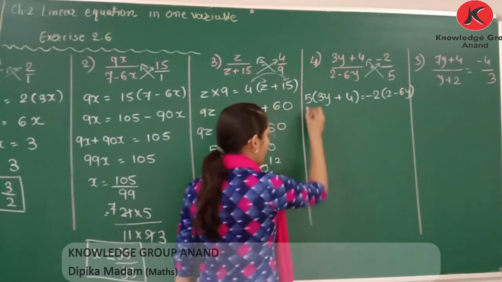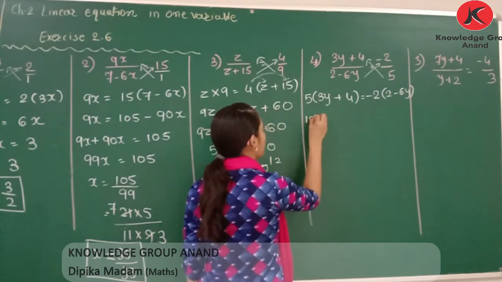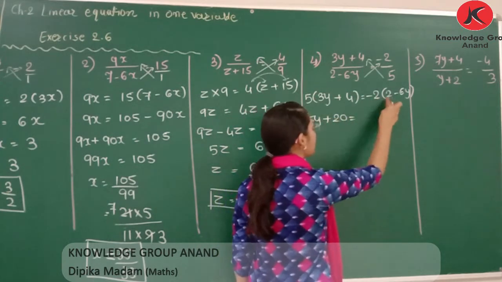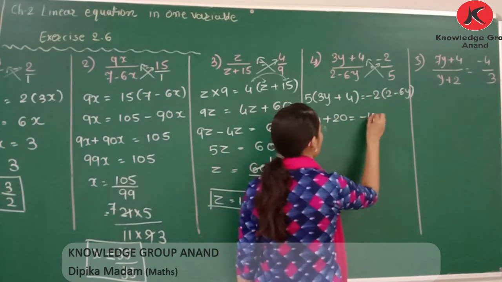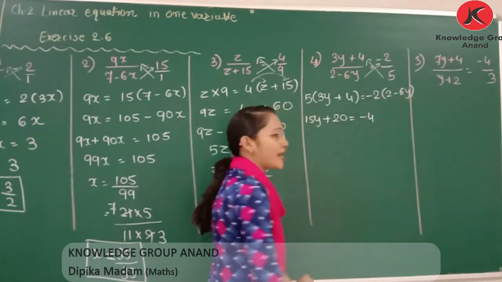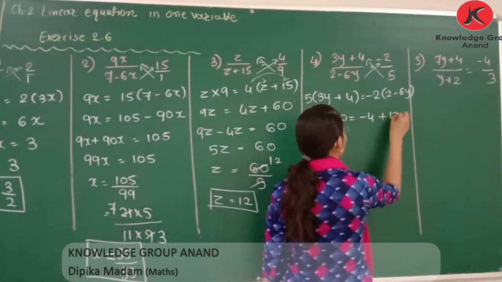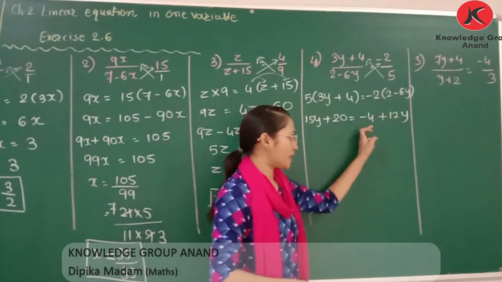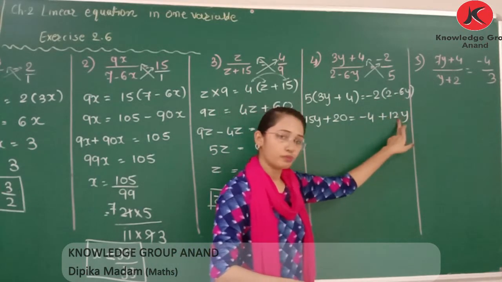Open the bracket. 5 is multiplied with 3y it is 15y, 5 4s are 20 is equal to minus 2 multiplied with 2 that is minus 4 and minus 2 multiplied with minus 6 is plus 12y.